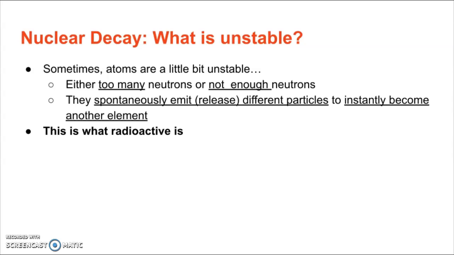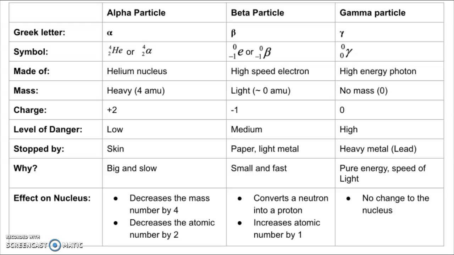And because of that, it's going to spontaneously emit, meaning release, different particles to become another element and become stable. This is what radioactive is. As we said, we have three different types of radioactive decay particles. Pause the video right now, copy this stuff down, and then we're going to talk about it.